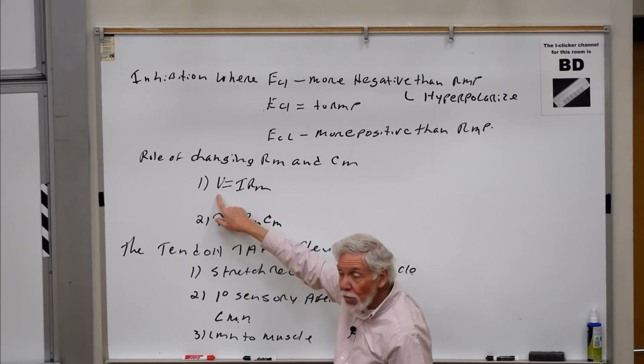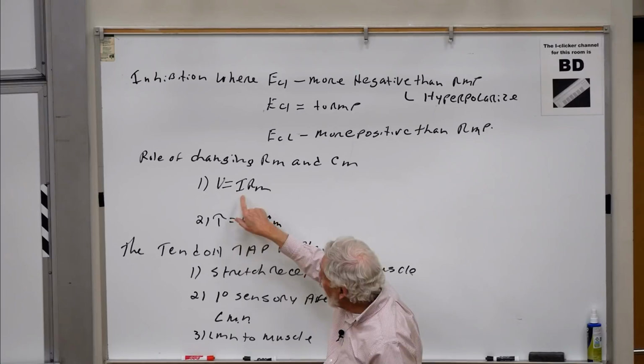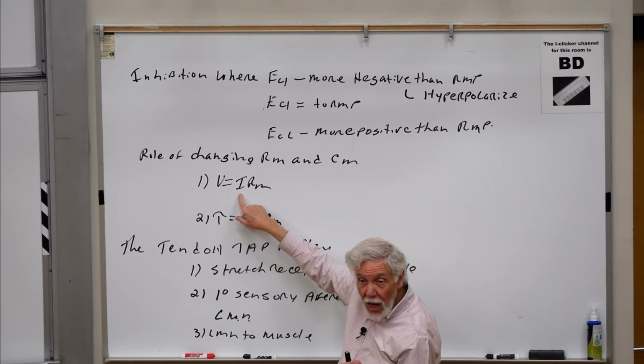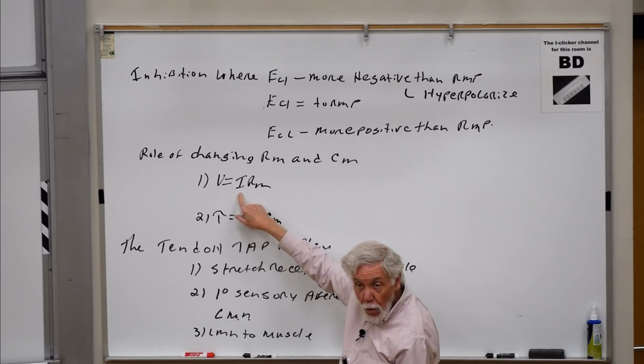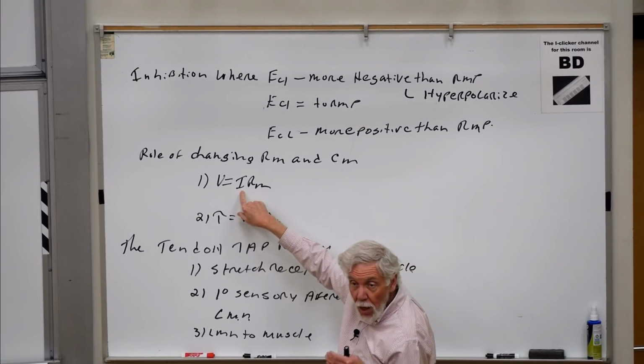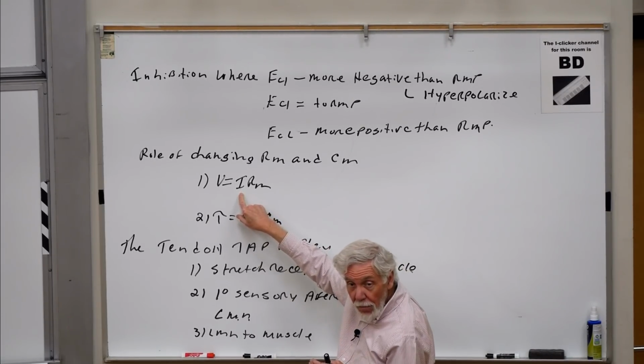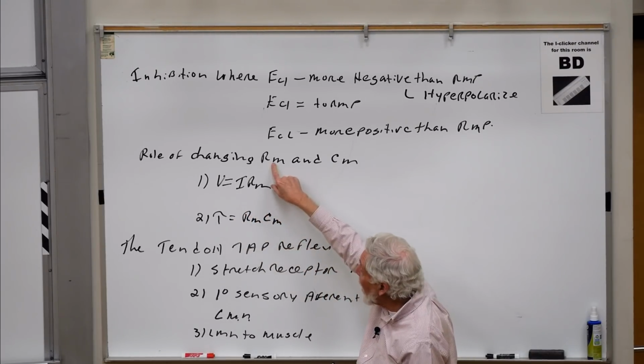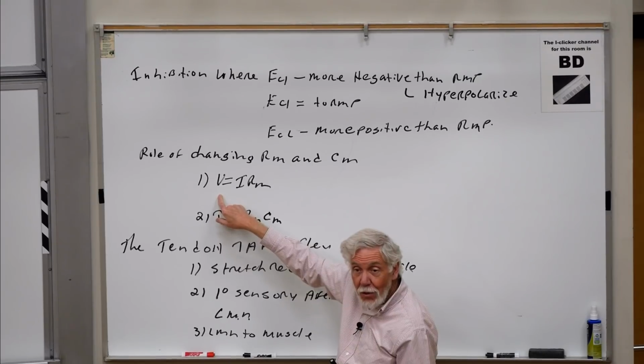For a given voltage, if the current is fixed, and let's say we open a fixed number of channels, that's the current. A number of ions will move through the channels that we open. That's a fixed number. If we change R sub m to make it either higher or lower, what effect does that have on the voltage?